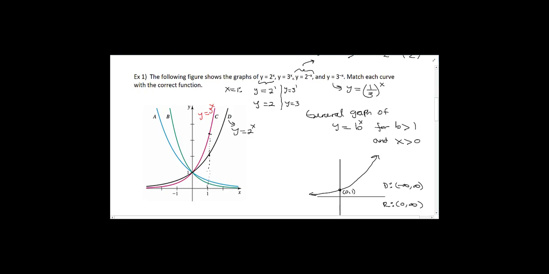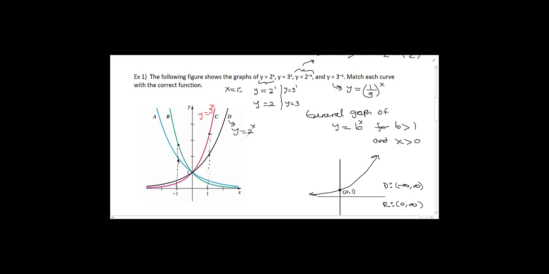And we can do the same thing with y equals 2 to the negative x and y equals 3 to the negative x. And again, you can change those to (1/2)^x or (1/3)^x. And so for the negatives, I can look at x equals -1. I'm looking at A or B. So it's going to be here or here, right?